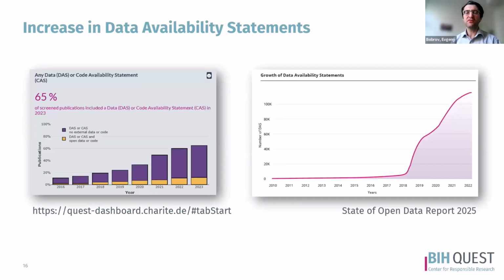This is a very obvious effect, so it has been shown multiple times. The state of open data report is actually something that has been published by publishers for a few years now, every year. And they also look at the increase in data availability statements.